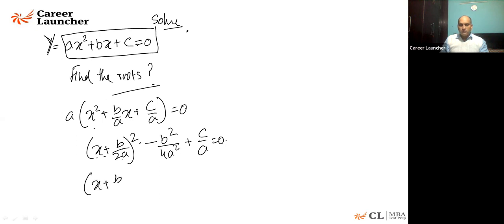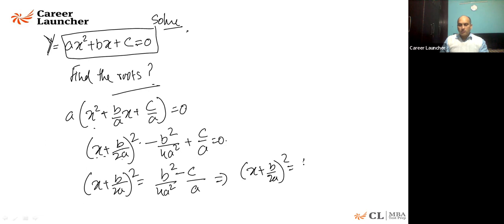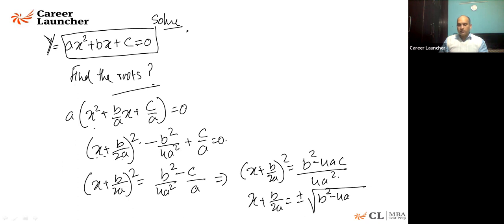I'll say it is x plus b by 2a whole square is equal to b square by 4a square minus c by a, or x plus b by 2a whole square is equal to b square minus 4ac upon 4a square. Or I can say x plus b by 2a is equal to plus minus, I will be taking the roots here.